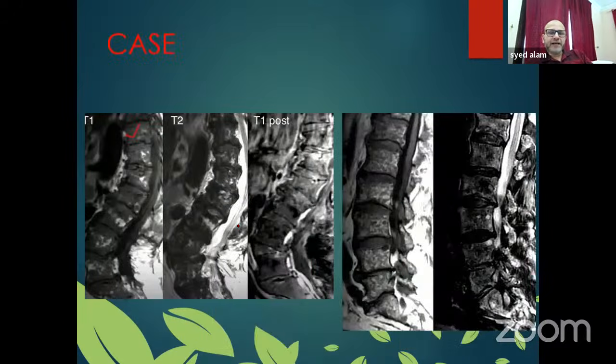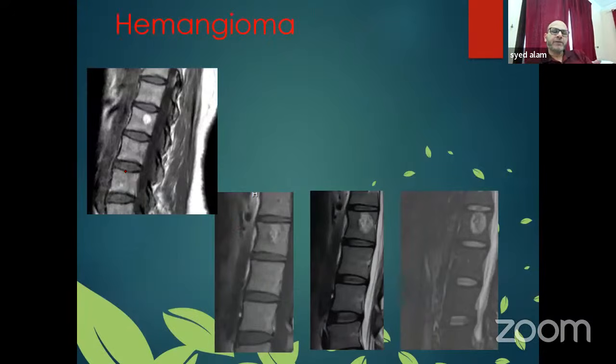I will come back to how to differentiate after this case, because if you report MRI, everybody will get this, and sometimes they worry about it. So in T1, there's a bright area. You can see the fat is bright, so that means this lesion has fat. Most of them we call Lipo Hemangioma.